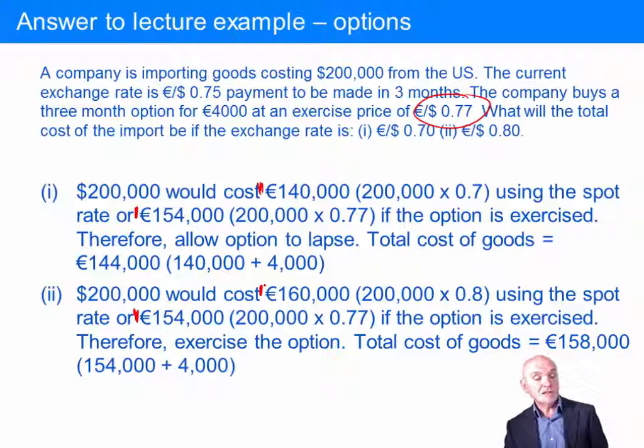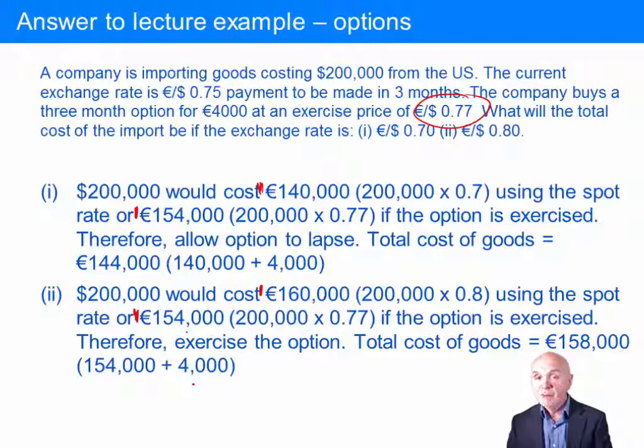And in this situation, you would hold people to this contract, you would exercise the option. Far better you're paying 154,000 than 160,000. And here the cost of the goods would be 158,000: the premium plus the value of the goods as exercised under the contract.